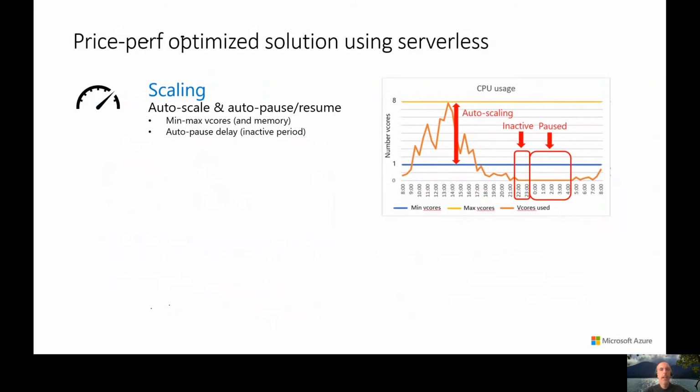So this is exactly the kind of scenario and problem that serverless is intended to solve. It essentially provides two functionalities. The first functionality is automatic compute scaling over a range that's indexed by a maximum and minimum number of cores that can be configured by the customer and corresponds to a range in memory as well.